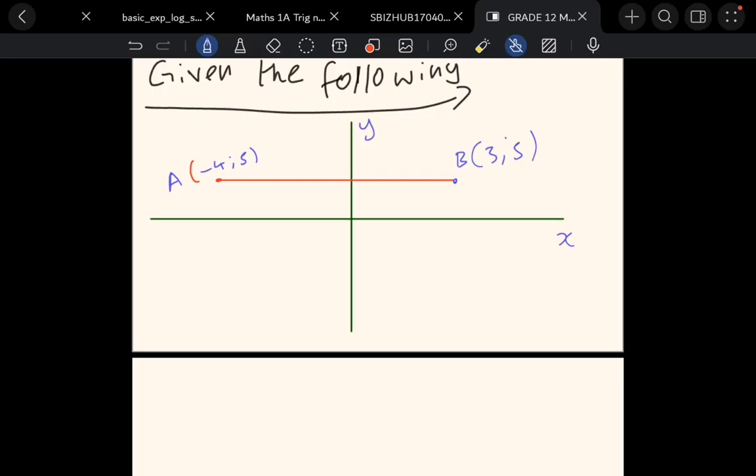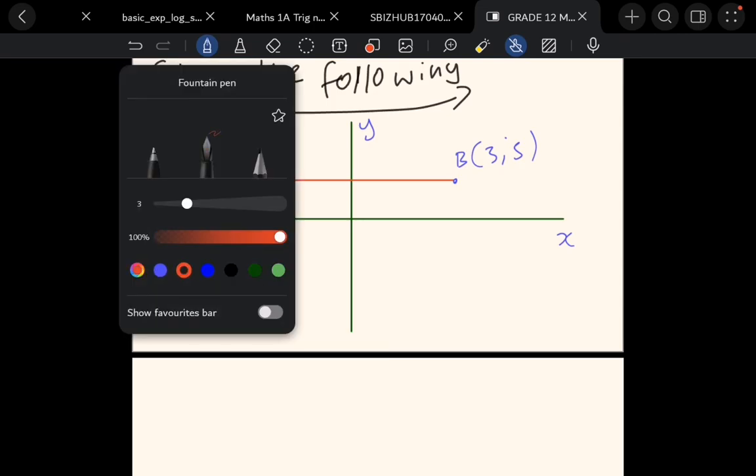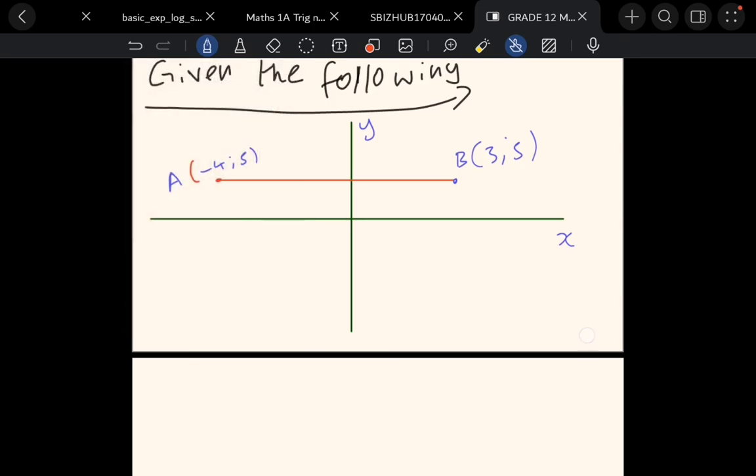What do you notice about the horizontal line? You notice that the y coordinate does not change at all. The only thing that changes is the x coordinate.